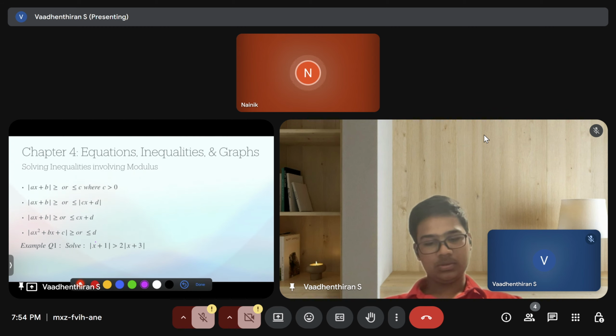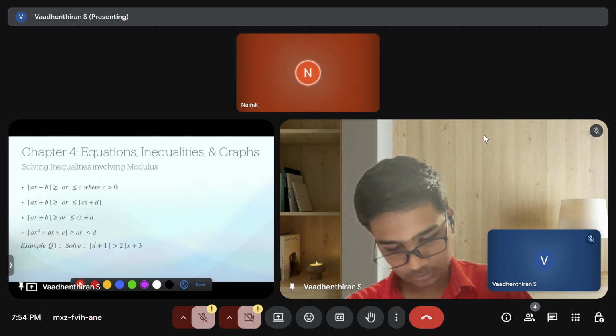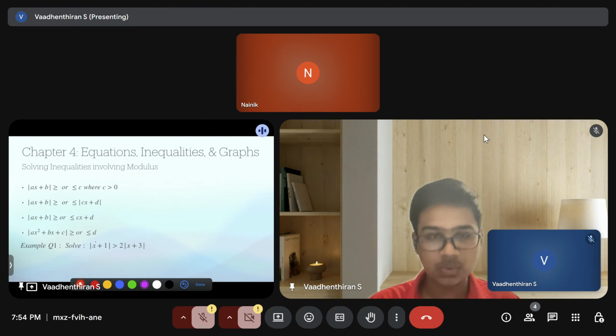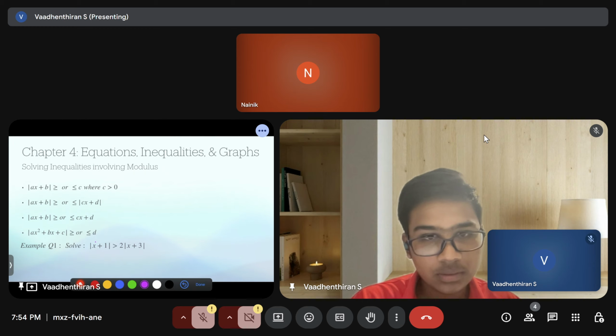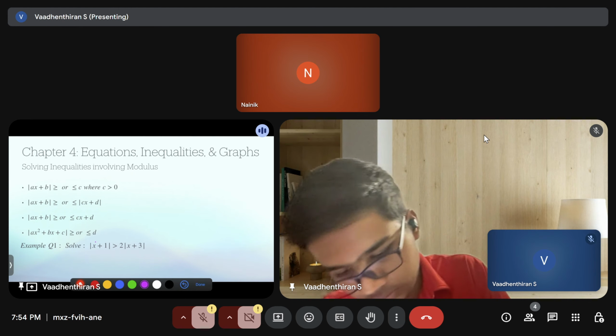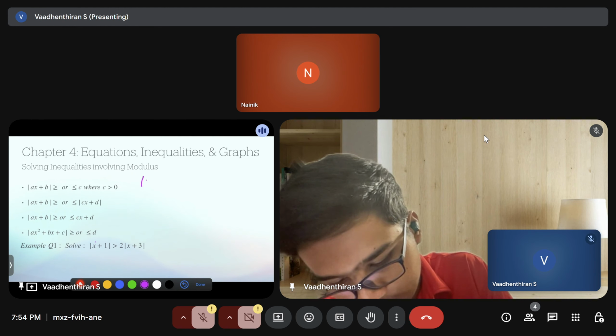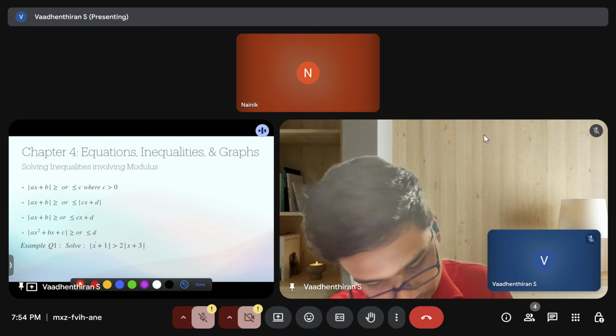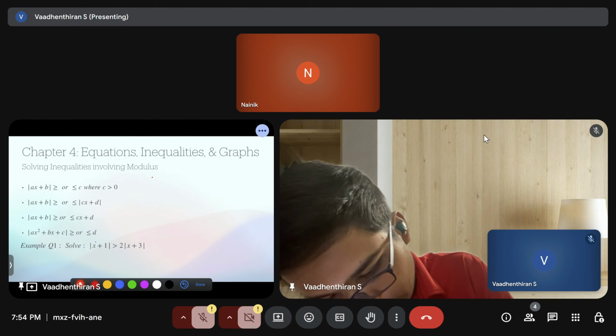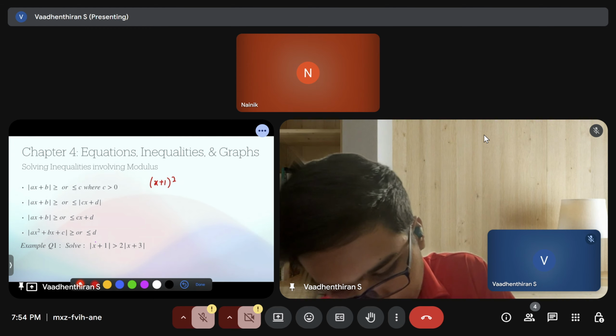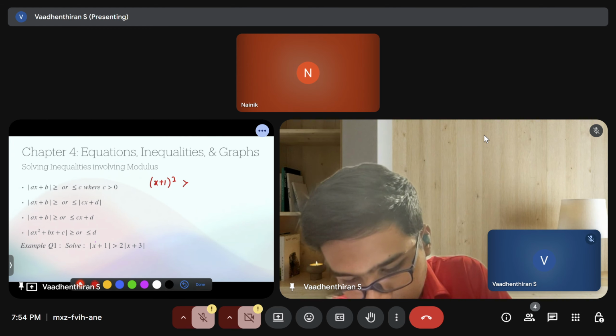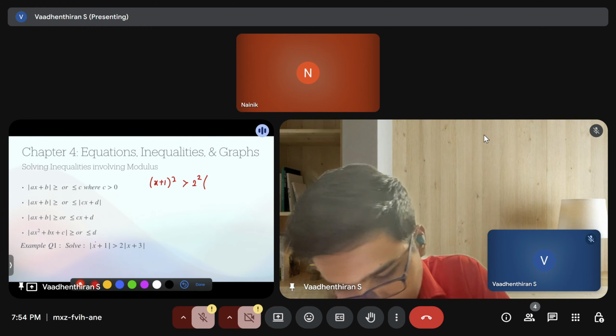Can you just show me how to solve it once I'm doing it now? Yeah, it's the squaring method. You square both sides as usual. So (x plus 1) squared greater than 2 squared times (x plus 3) squared.